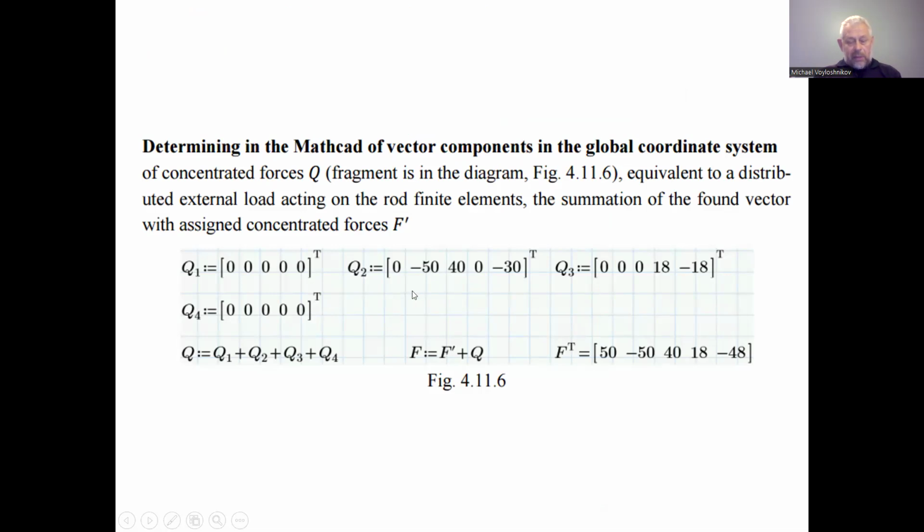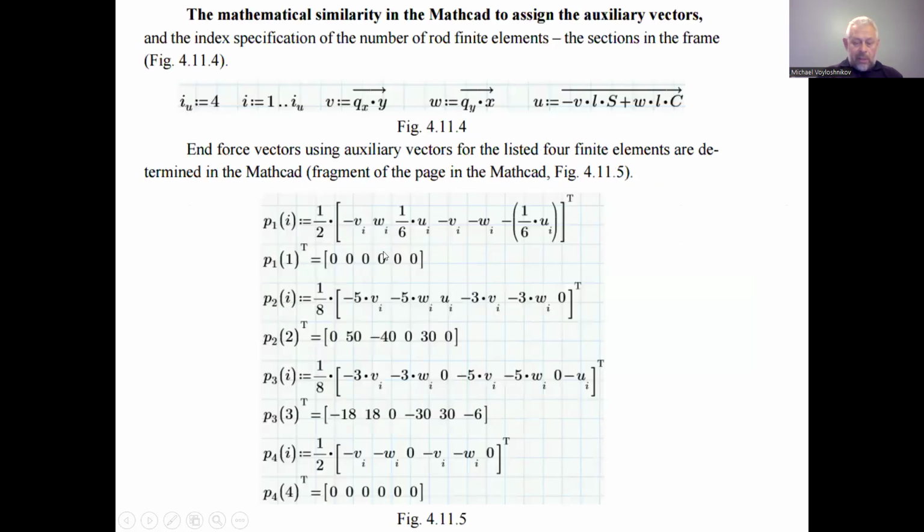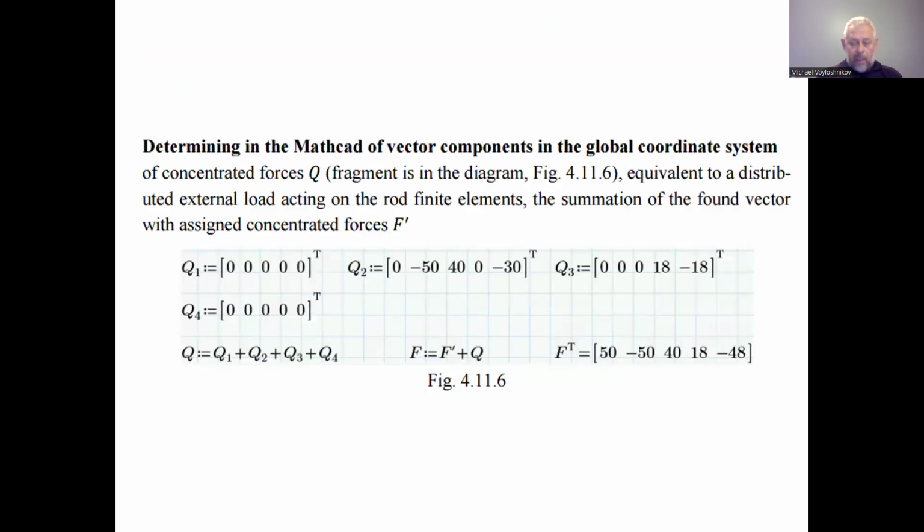After that we found the end forces opposite to the end reactions, and reactions opposite to the end forces acting under the distributed load.